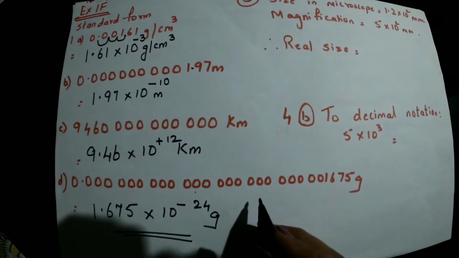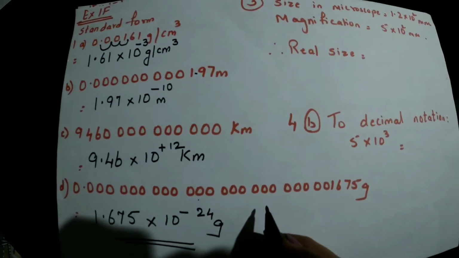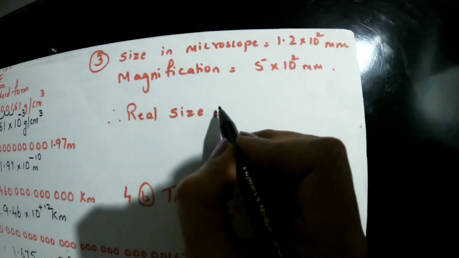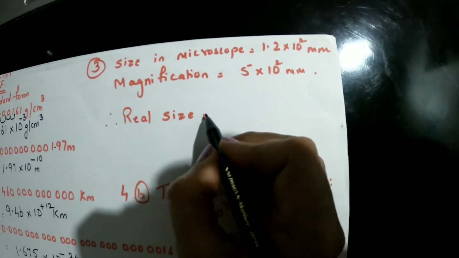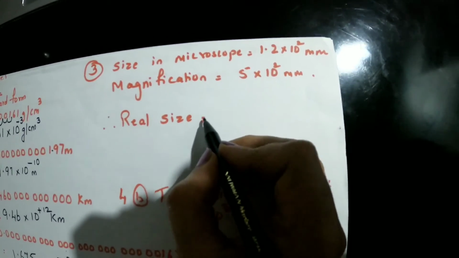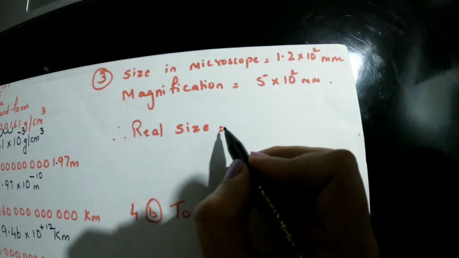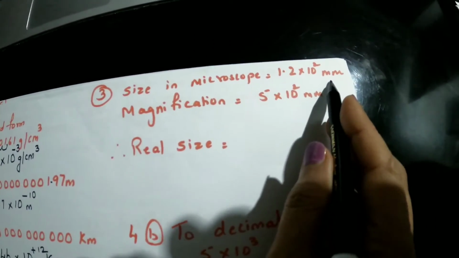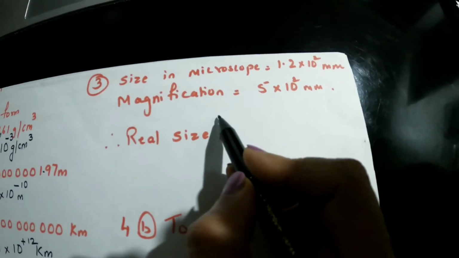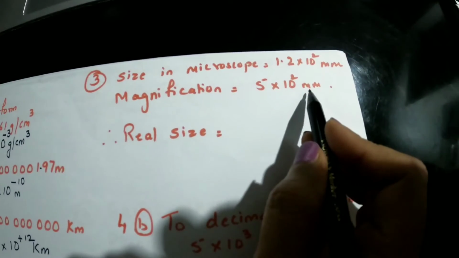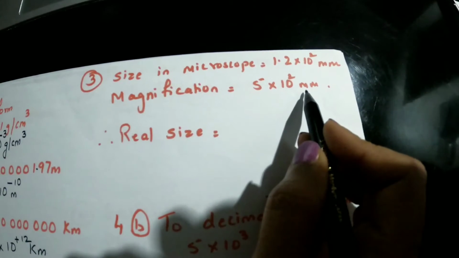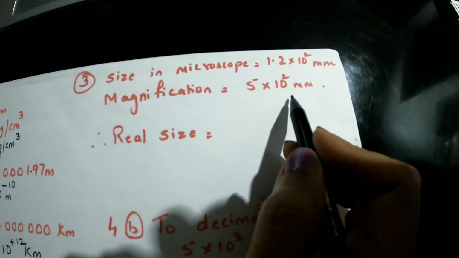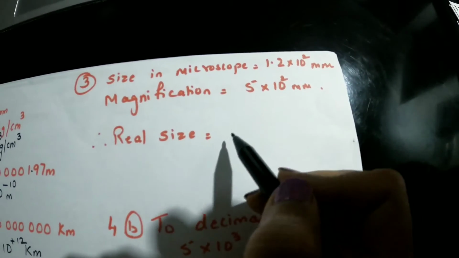Now let's move on to the next question, question 3. Here I'll read out the question. The image of a speck of dust viewed through an electron microscope is 1.2 into 10 raised to 2 millimeters wide. The image is 5 into 10 raised to 2 times as large as the actual size. Determine the width in millimeters of the actual speck of dust.